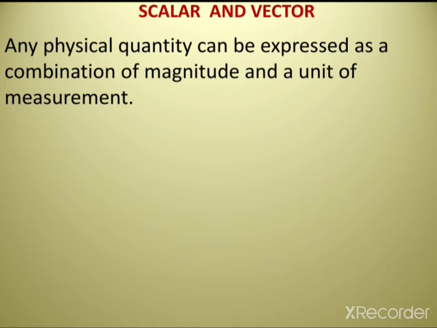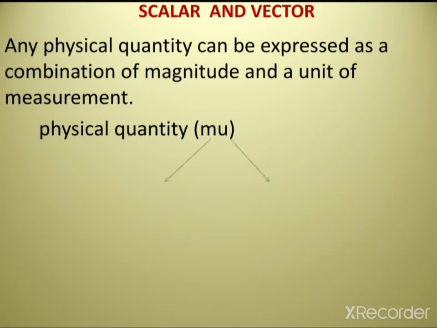So a physical quantity can be expressed as the combination of magnitude and unit of measurement. Here m is the magnitude and u is the unit of measurement. For example, if you have the measured value of a piece of wire as 2 meter, then 2 is the magnitude and meter is the unit of measurement for length.